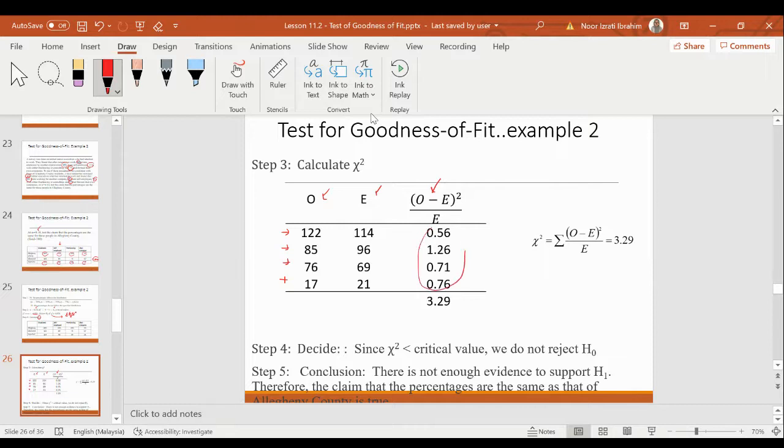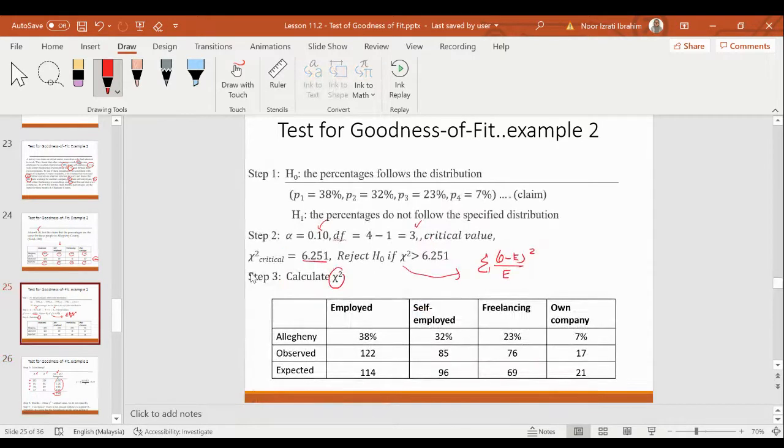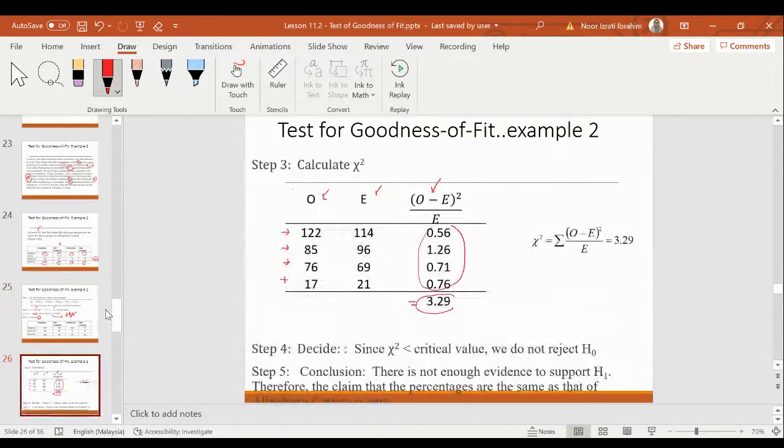And then you add them up, and for this case scenario you will get 3.29 as the test statistic. And 3.29 is not within the rejection region. It's not greater than 6.251. That means we do not reject H0. So there is not enough evidence to support H1.